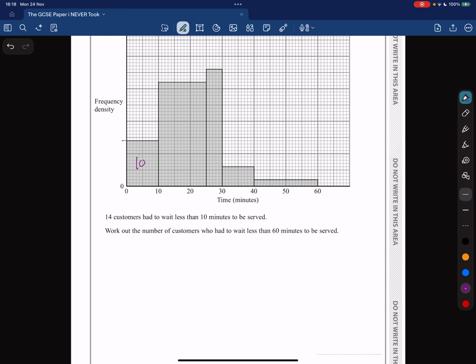So you're like 1.4 per square, essentially, because it's 14 customers per 10 minutes served. I mean, less than 10 minutes, so it would be like 1.4 people per minute. But it's per square. It's a bit weird.